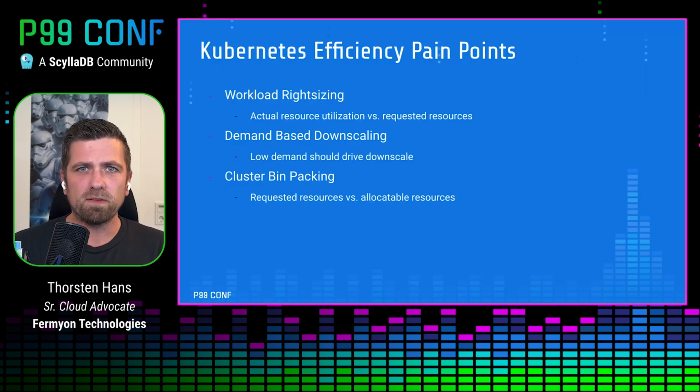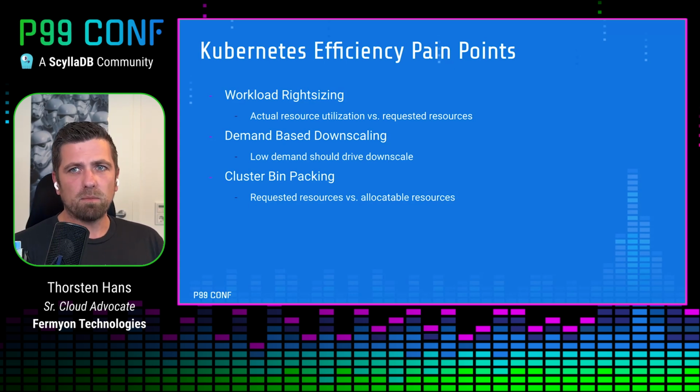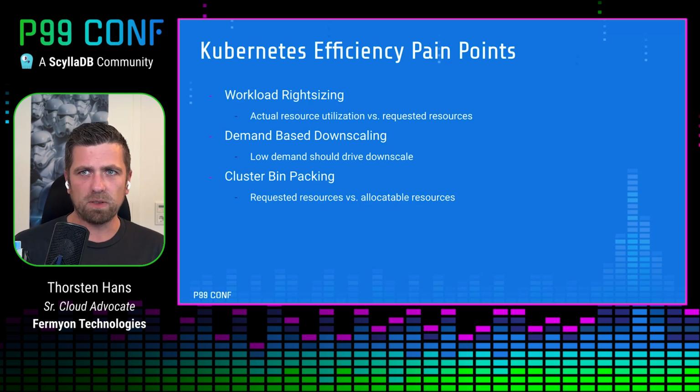Let's go one step deeper. If we take a look at orchestrators, like for example Kubernetes, we may also encounter some pain points, like for example workload right-sizing and demand-based downscaling and cluster bin packing. Let's take a look at workload right-sizing, for example.